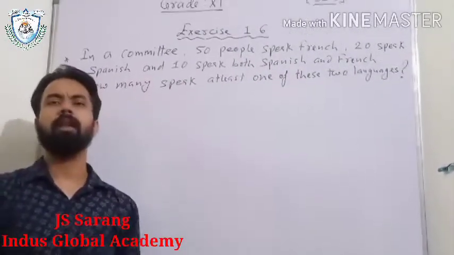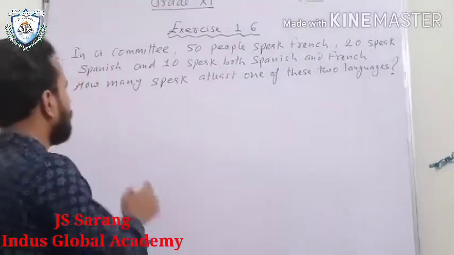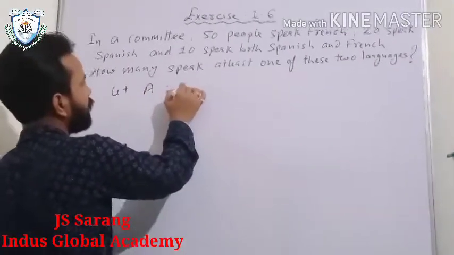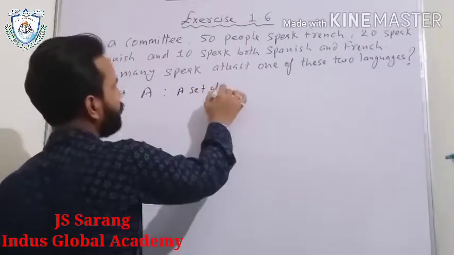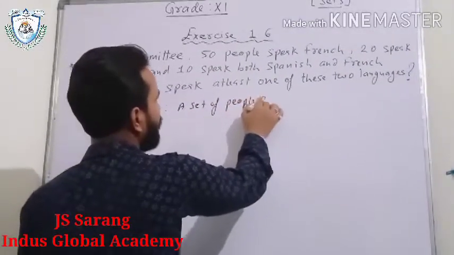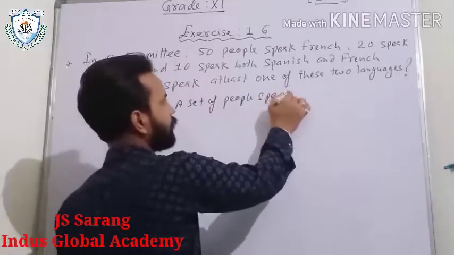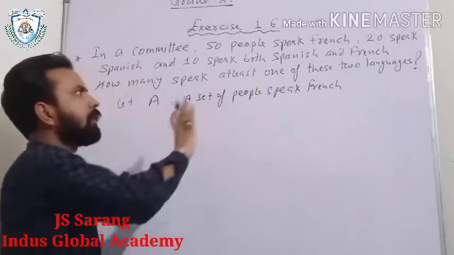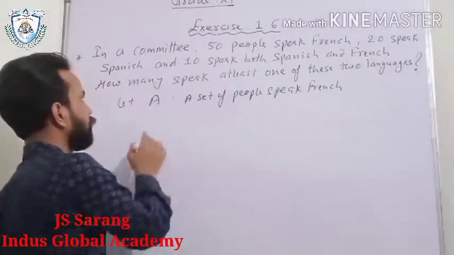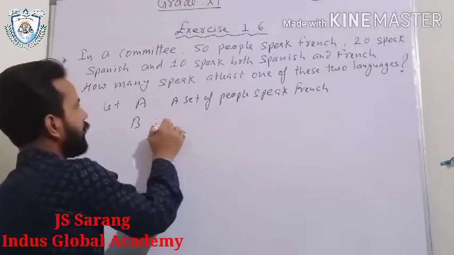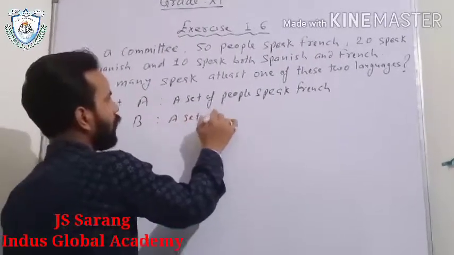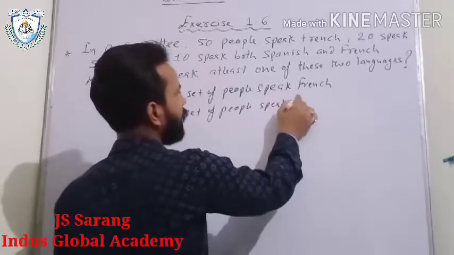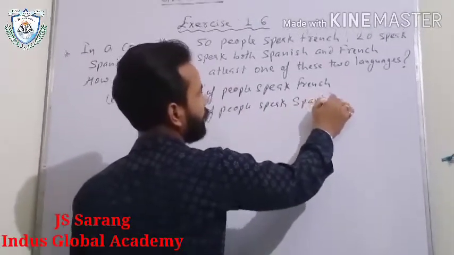So first of all, we will have to consider two sets. Let A be the set of people who speak French, and B be the set of people who speak Spanish.